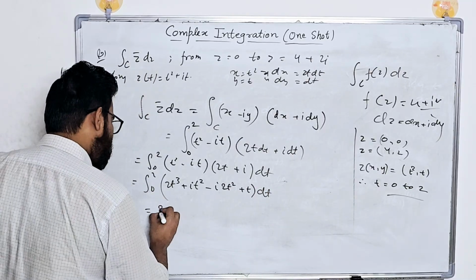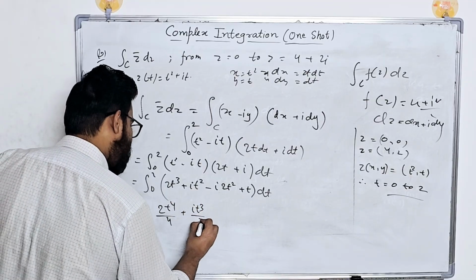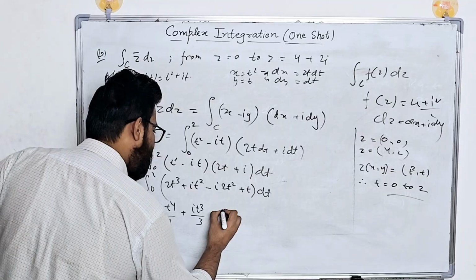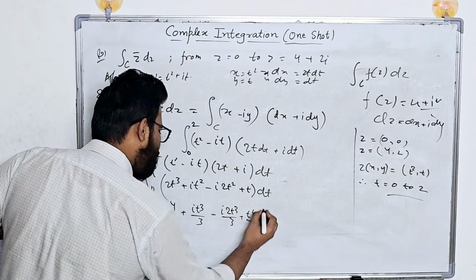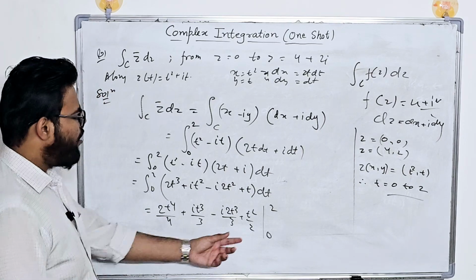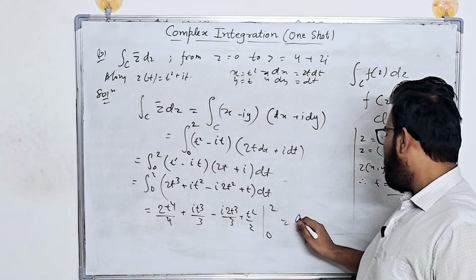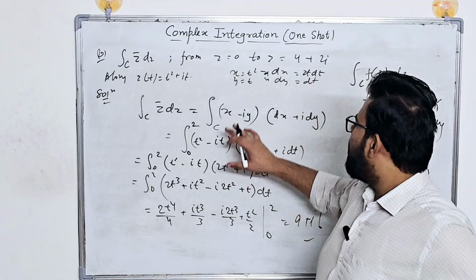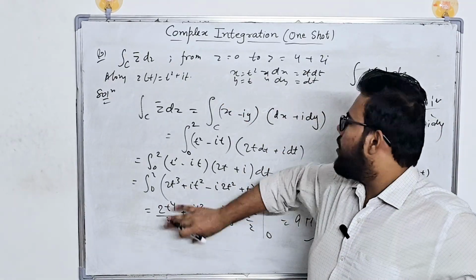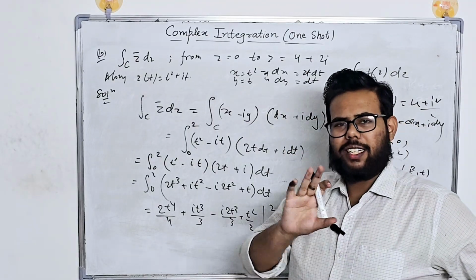You will get 2t raised to the power 4 divided by 4 plus i t cube divided by 3 minus i 2t cube divided by 3 plus t square by 2, evaluated from 0 to 2. Just substitute the values and you will get your integral value, some a plus iota b. So it is just basic integration only. The concept is just how you convert it from here to here. That is it, nothing more in this.